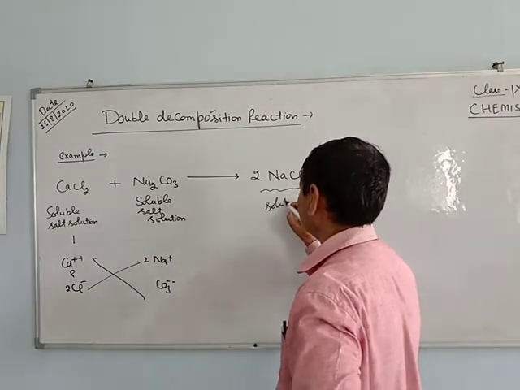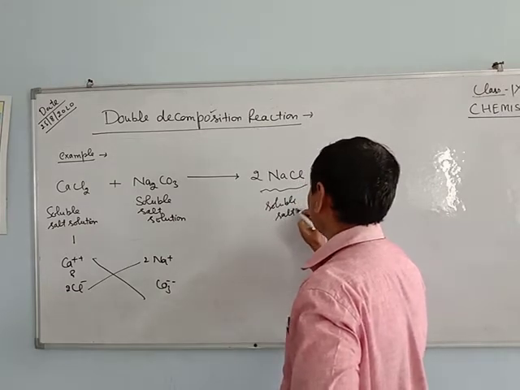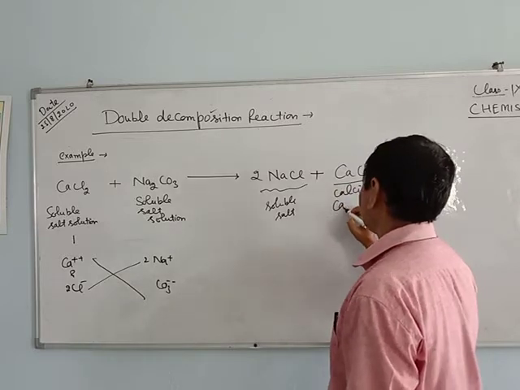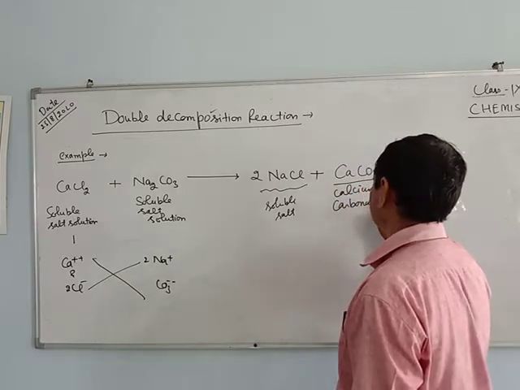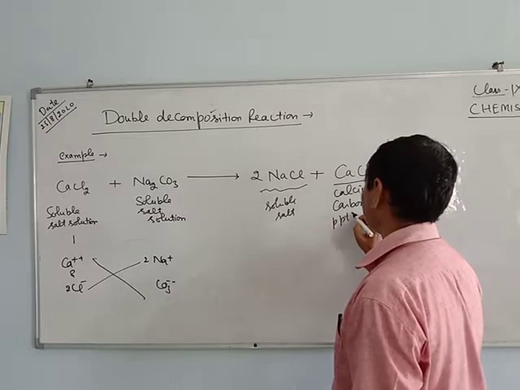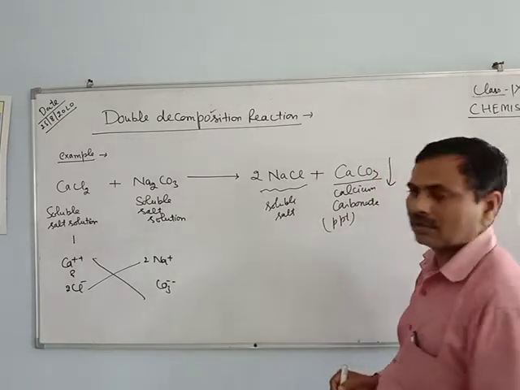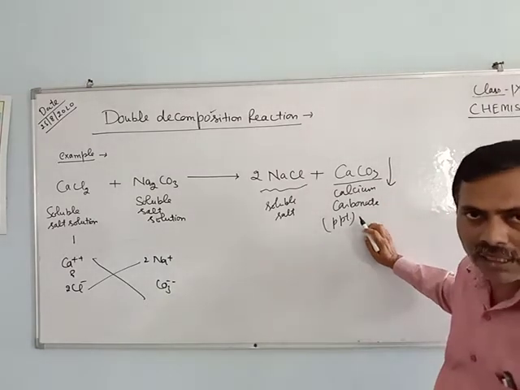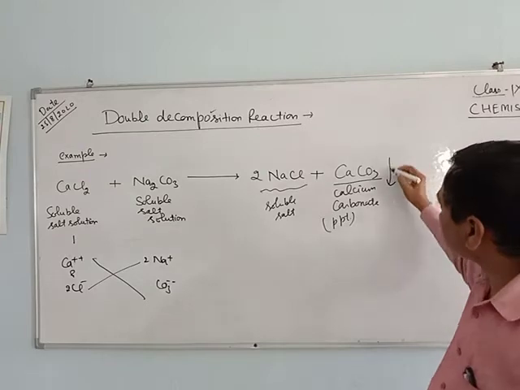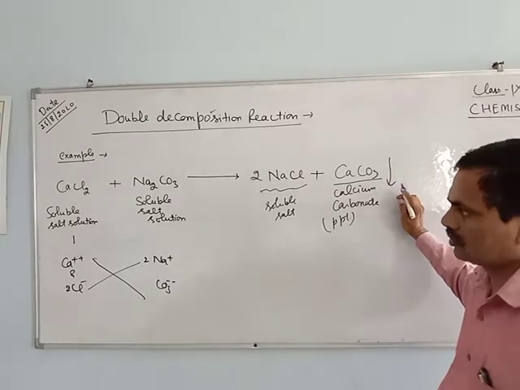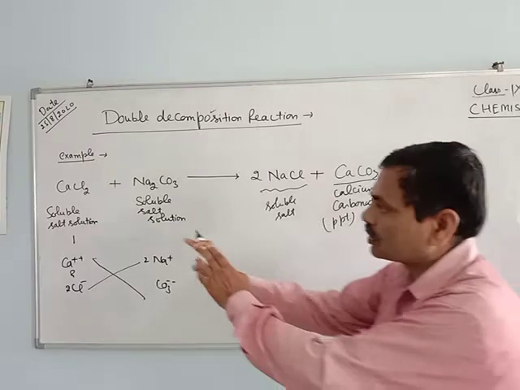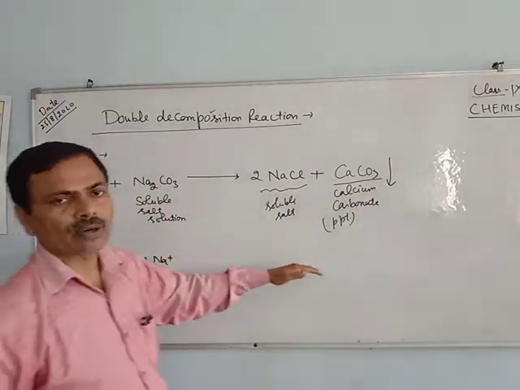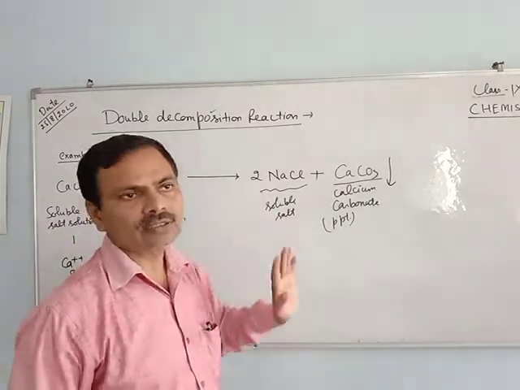And we get a precipitate of calcium carbonate, which is insoluble. In double decomposition, both reactants are splitting to form two new compounds. One is soluble and the other is insoluble.